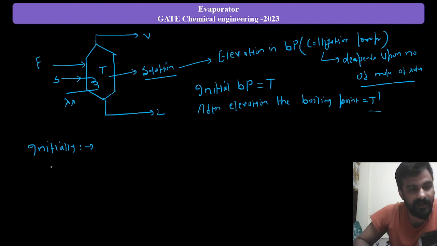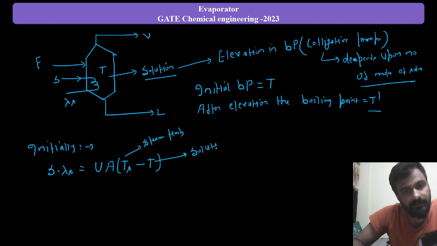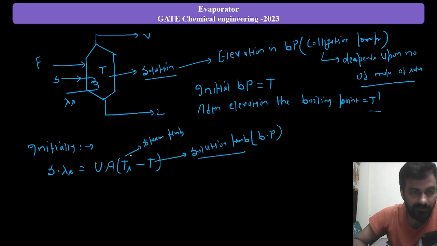So I am trying to let you understand one thing. Initially, what we derived was S into lambda S equals my constant UA times T of steam minus T, where T of steam is the steam temperature and T is the solution temperature. Because the solution is at its boiling point, you can also call it the boiling point of the solution, right?